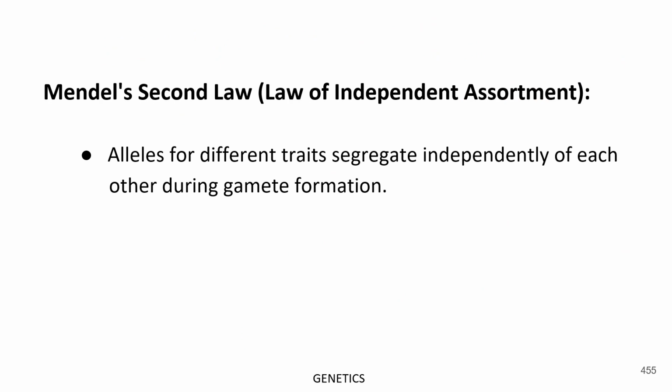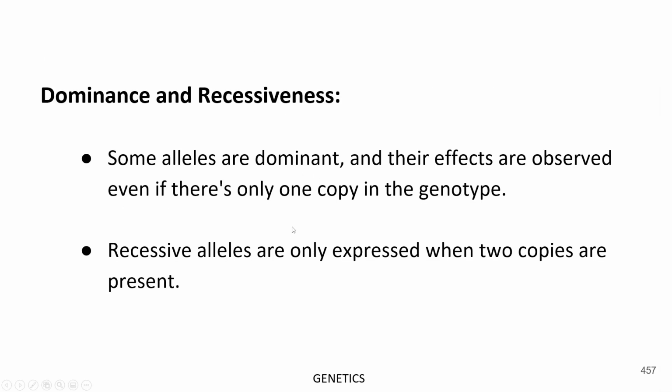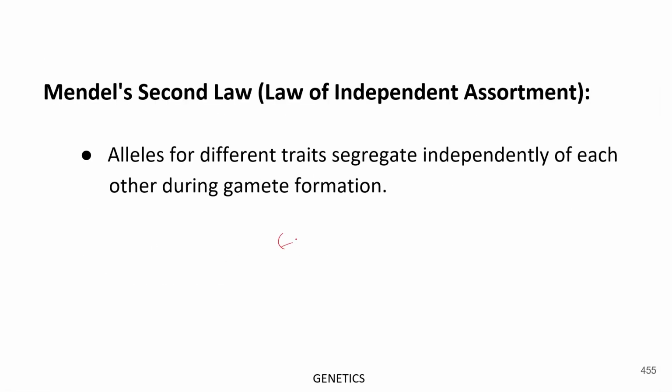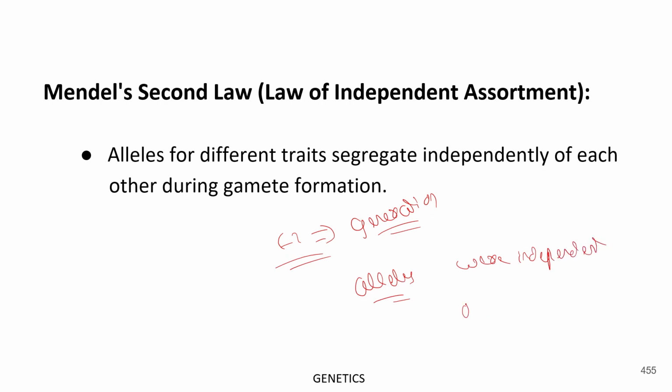In this law, Mendel's second law, the law of assortment, states that in the F2 generation, the alleles were independent of their parents.